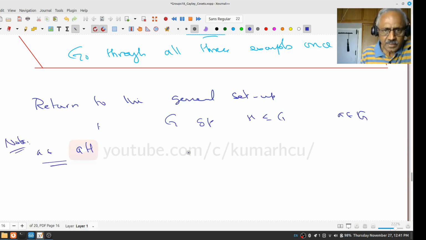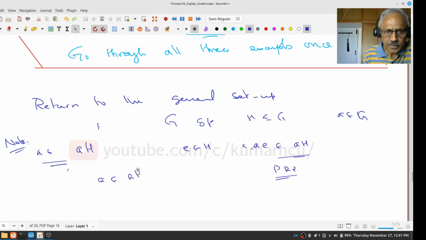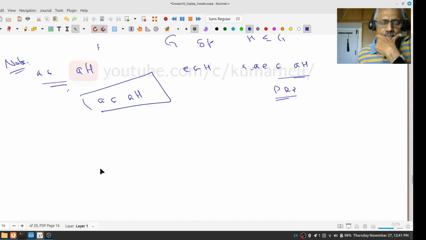Why is that? Because H is a subgroup, therefore E belongs to H. Therefore A times E must belong to AH, but A times E is A. So this is a very crucial observation, keep remembering this: A always belongs to AH. The next thing I want to know is, earlier we saw when AH equals BH.